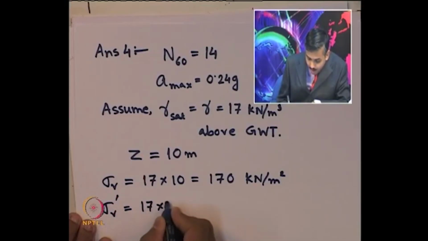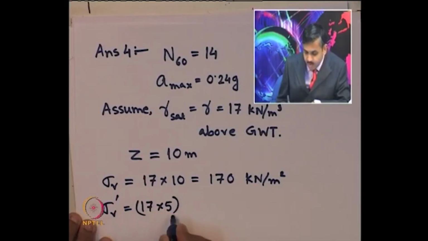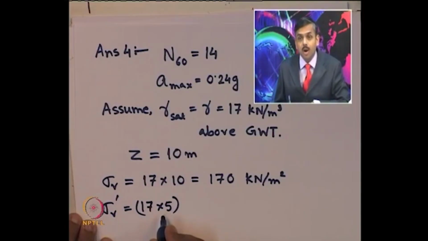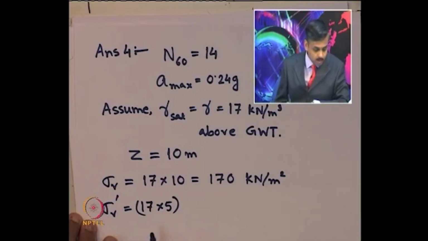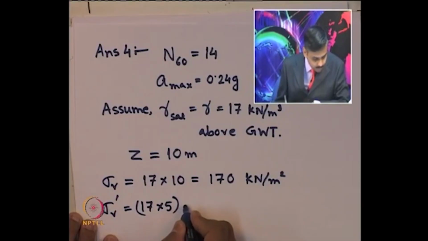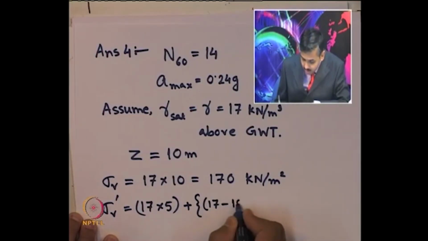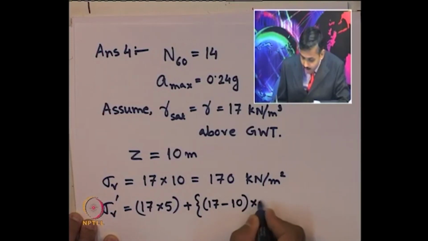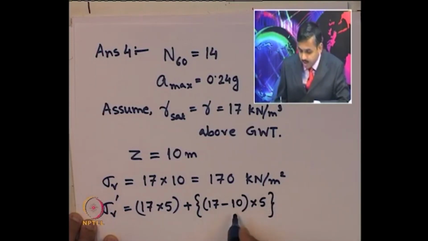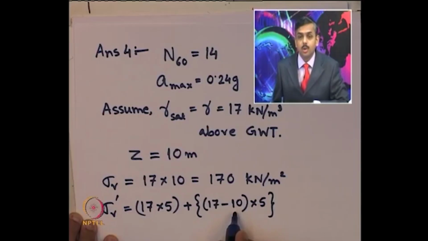17 into 5, which is up to the location of the groundwater table, because in the question paper it is mentioned the groundwater table is at 5 meter depth below the ground surface, plus we need to take the submerged weight, 17 minus 10, into 5. You can note here, I have considered unit weight of water as 10 kilonewton per meter cube.